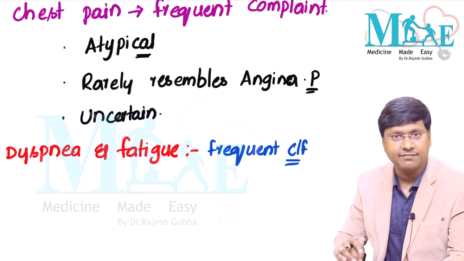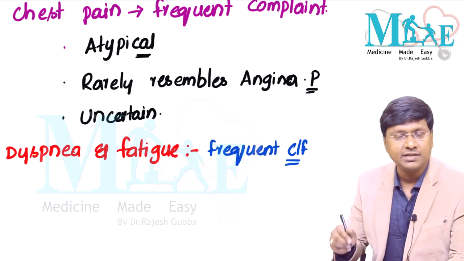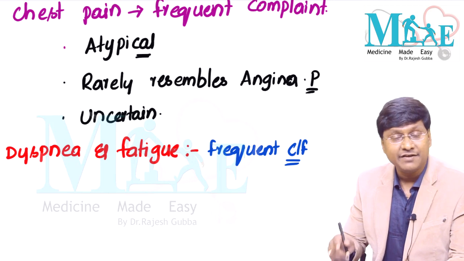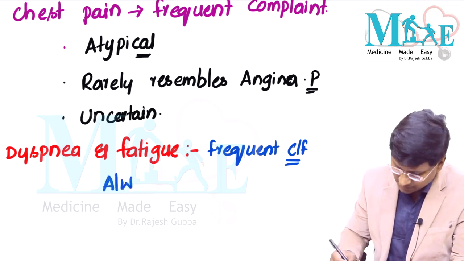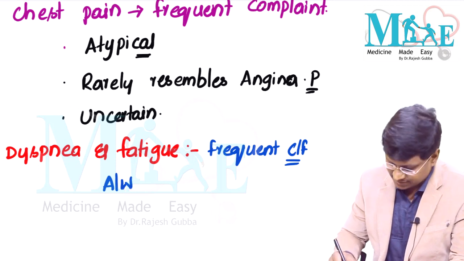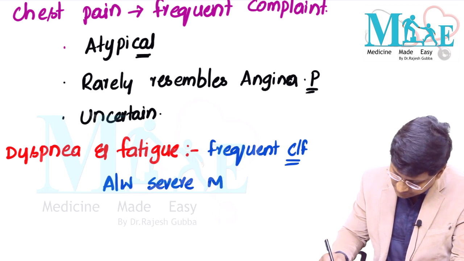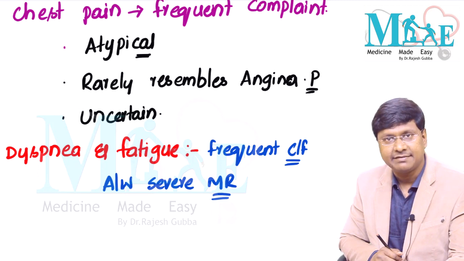Now, why do you have this dyspnea? Remember, if mitral valve prolapse is associated with severe mitral regurgitation, then they may land up in pulmonary edema, due to which they will have dyspnea.